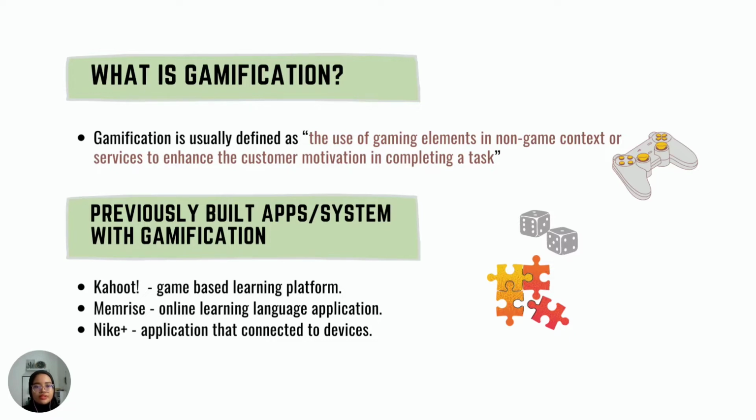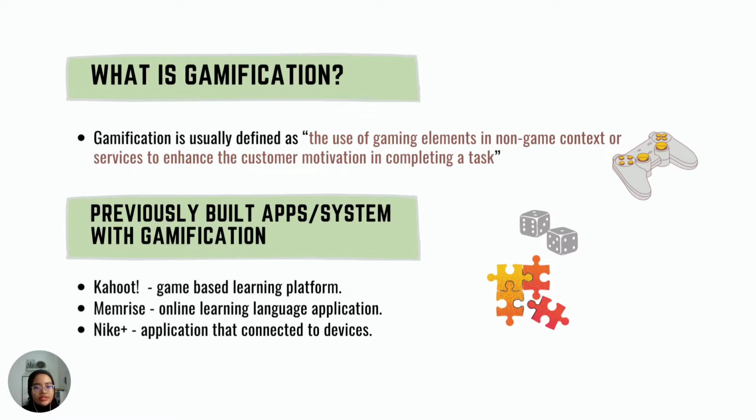So there are some previously built applications or systems with gamification. The first one is Kahoot, which is a game-based learning platform. And the second one is Memrise. It is an online language learning application. And the third one is Nike Plus.